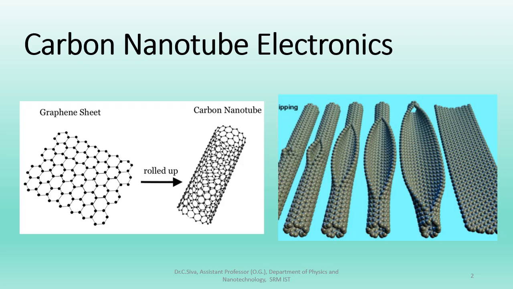Carbon nanotube electronics. Carbon nanotubes, or CNTs, are quasi one-dimensional materials with very unique electronic properties, because electrons can travel through them with very little scattering. They are excellent candidates for high performance electronic devices.